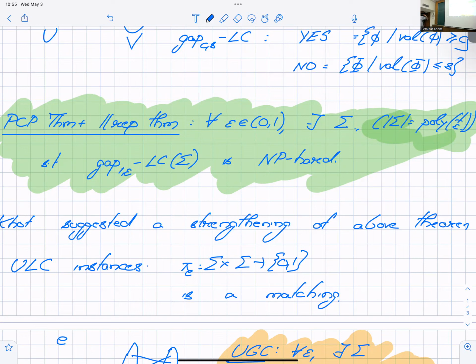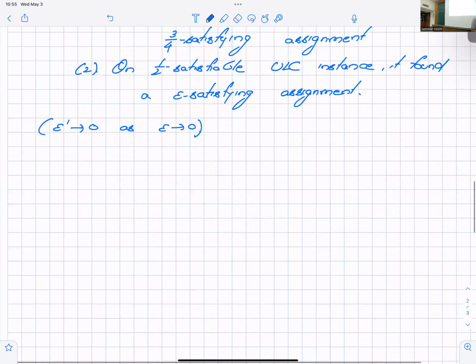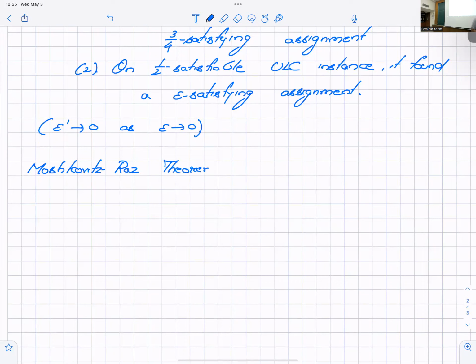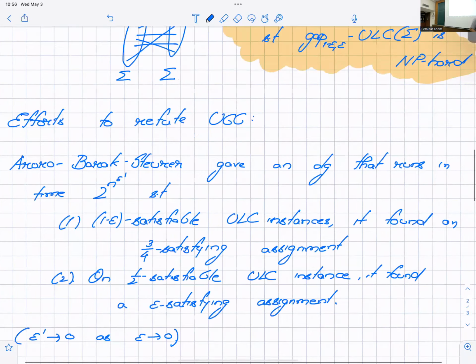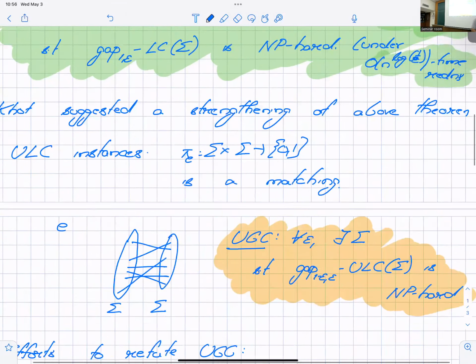So the MR theorem, Moshkovitz and Raz, states the following, under order n to the log 1 over epsilon time reductions. What do MR prove?